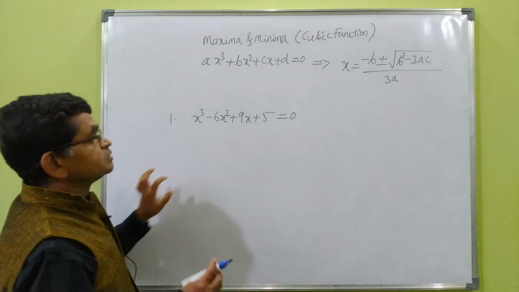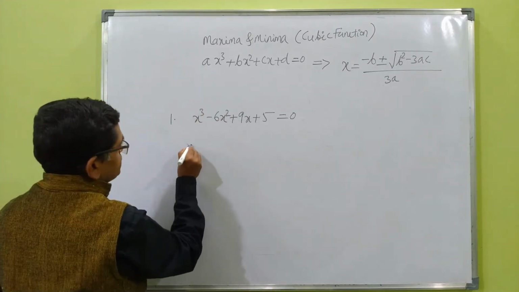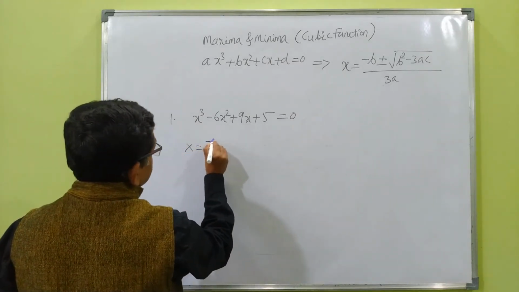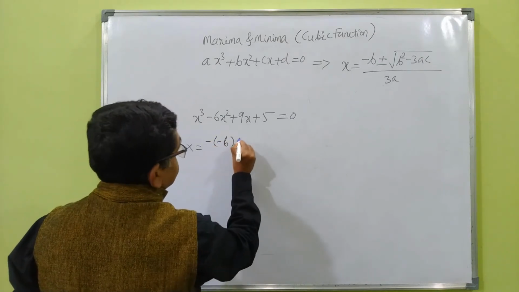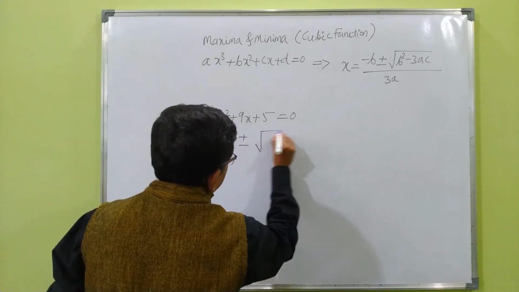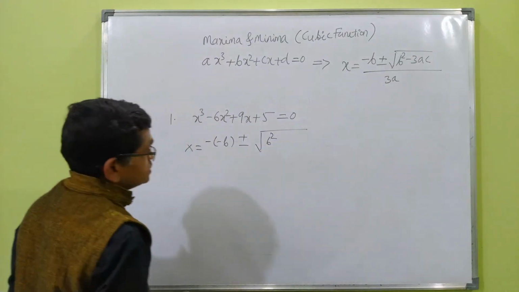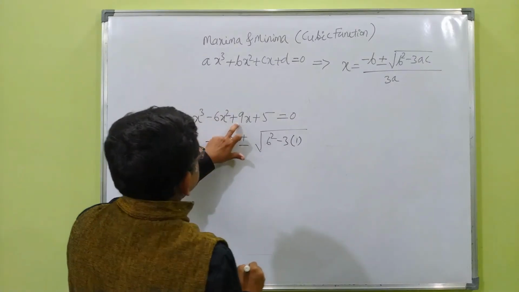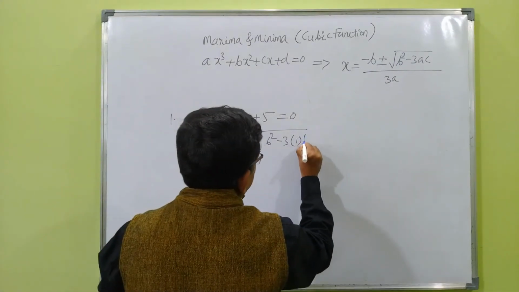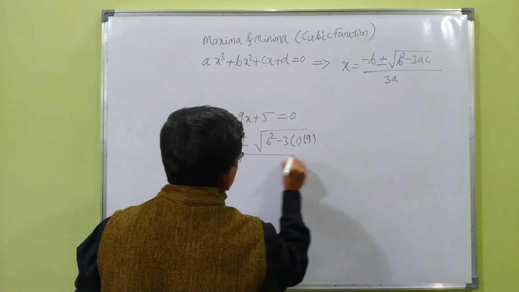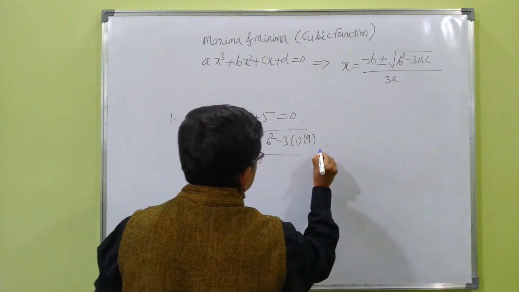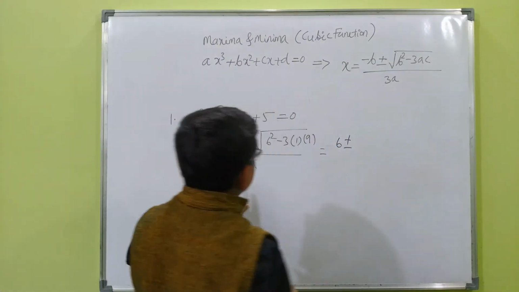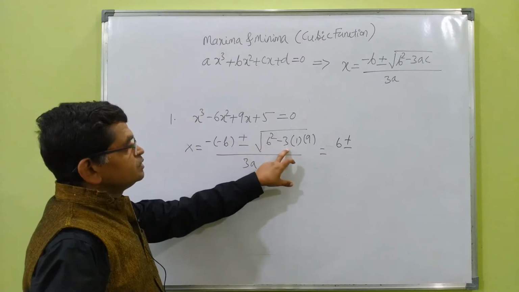So let us consider one example. So here x will be minus b, minus of minus 6 plus or minus b squared is 6 squared minus 3ac, minus 3 into 1, c is 9, divided by 3a. So this is equal to 6 plus or minus 36 minus 27.